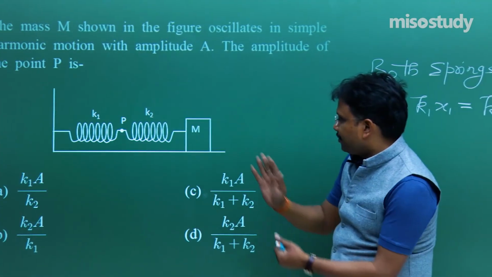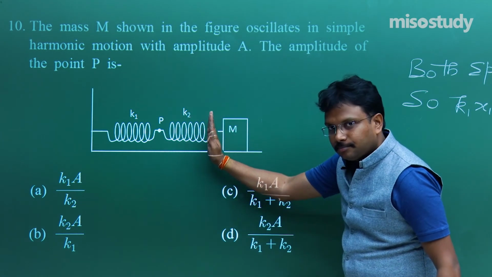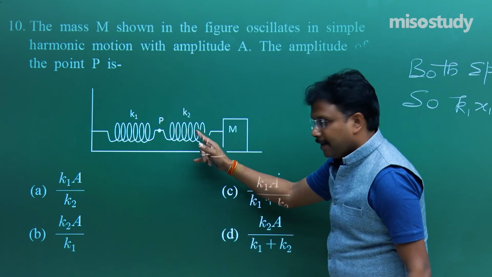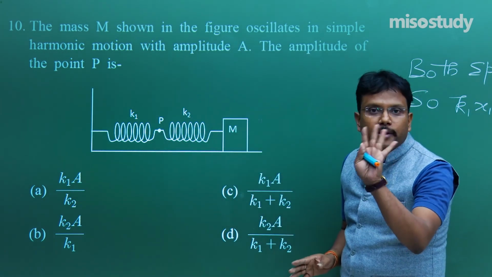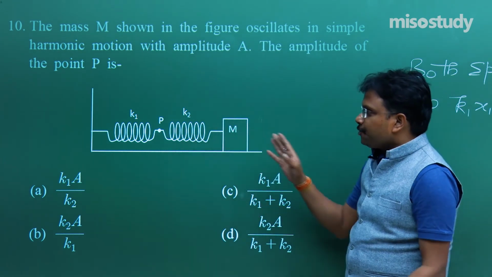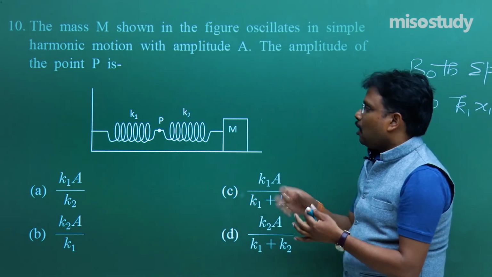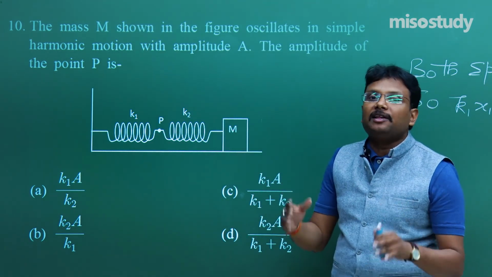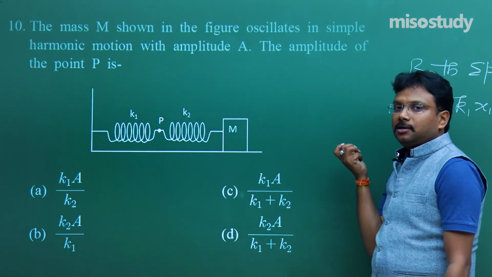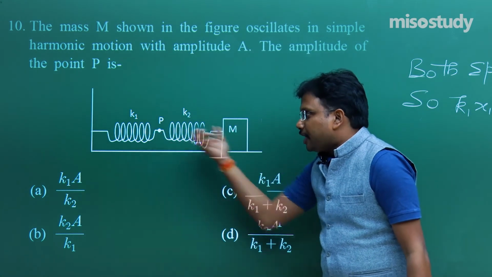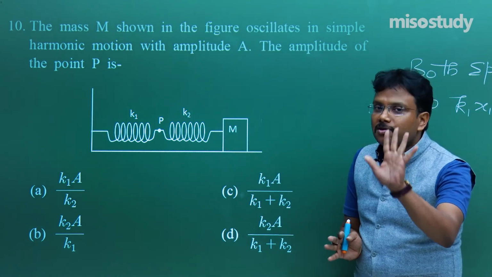Okay, let's imagine I am pushing the mass inside. So the displacement, I mean compression in each spring is not going to be the same. If this spring is compressed by a distance x, obviously the other is not going to be compressed by the same amount. So when we compress it or when we pull it, the extension or compression in both the springs is not the same.